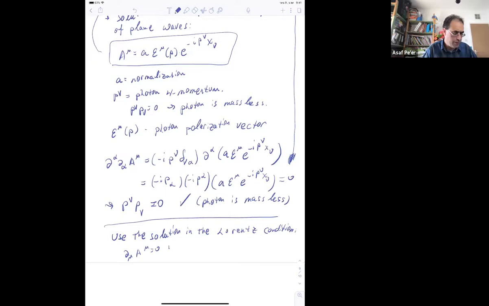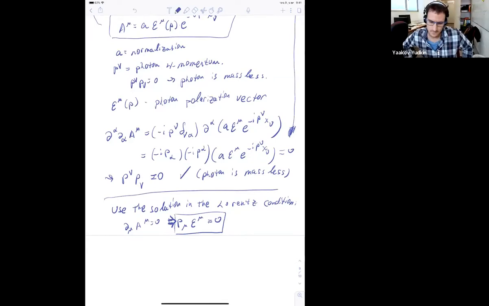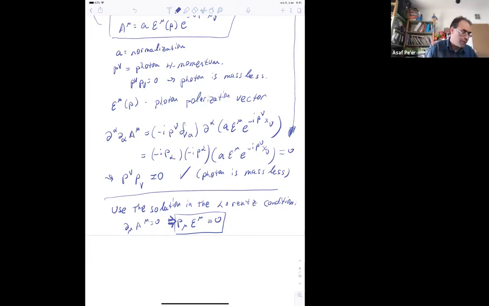But ∂_μ A^μ is just p_μ ε^μ times all sorts of things which we don't care about because it's equal to 0 anyway. So what does this tell us? That polarization is orthogonal to the momentum. Exactly, perpendicular to the momentum.